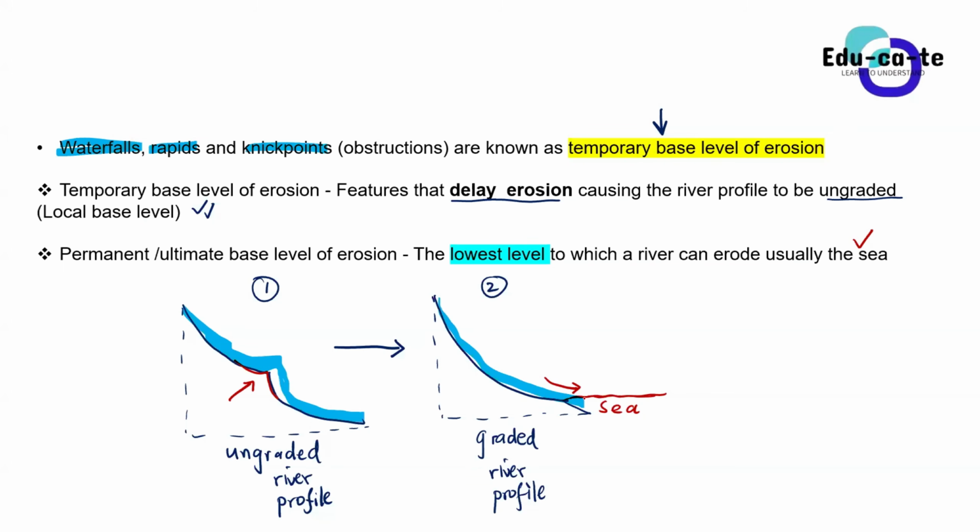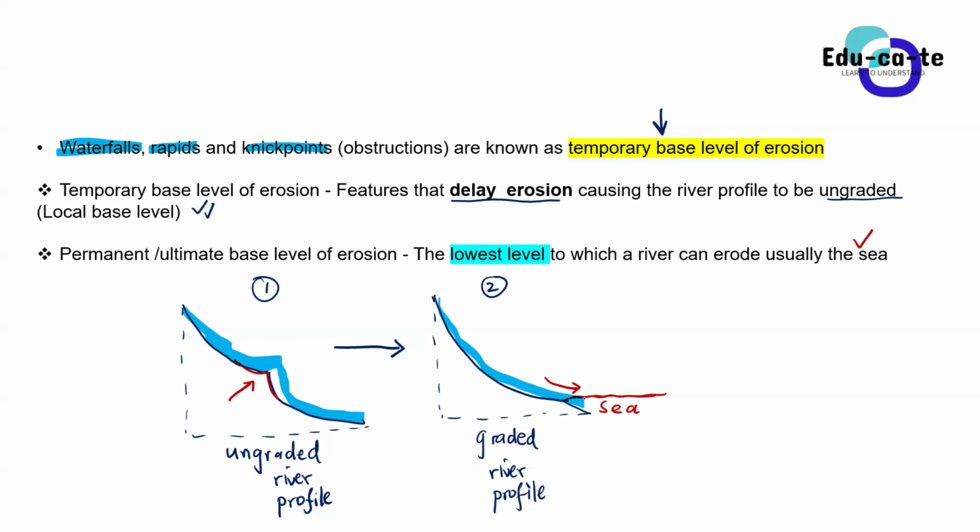So we say that this is the lowest level to which a river can erode. The river's water is not able to alter or change anything in the sea. That is why we say it is a permanent or an ultimate base level of erosion.